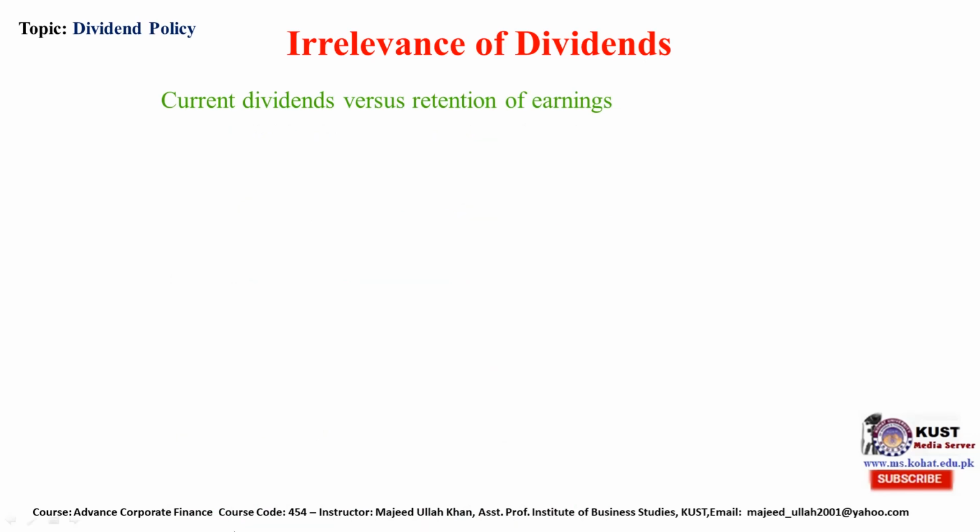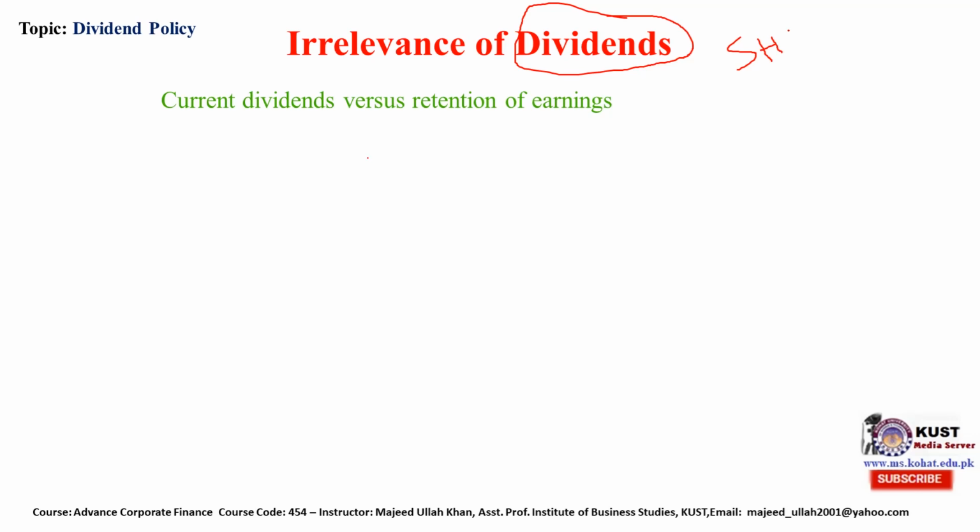Relevance and irrelevance. First we should understand what is relevance and what is irrelevance. Relevance is basically whether the payment of dividend has any impact on shareholder wealth or not.